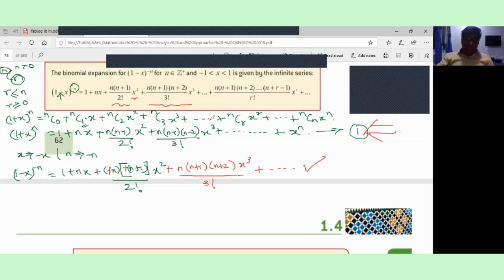Again, this is no magic, nothing that you need to remember. It's a very basic expansion. Whether n is negative, as in this case, or n is a fraction, you'll be able to use this formula directly.